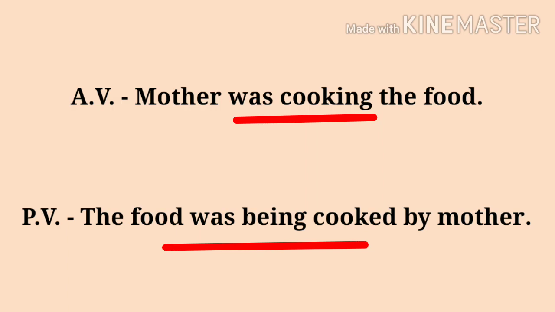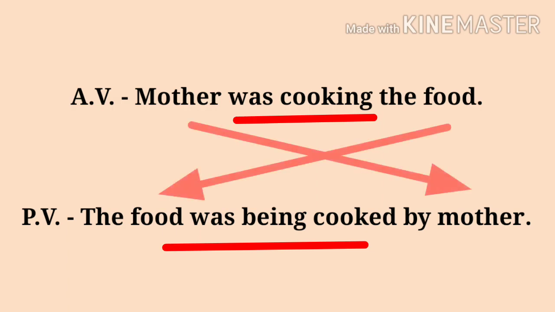So here was cooking in active voice changes to was being cooked in passive voice, and the subject in active voice, that is mother, becomes the object in passive voice, and the object in active voice, that is the food, becomes the subject in passive voice. So the sentence mother was cooking the food changes to the food was being cooked by mother.